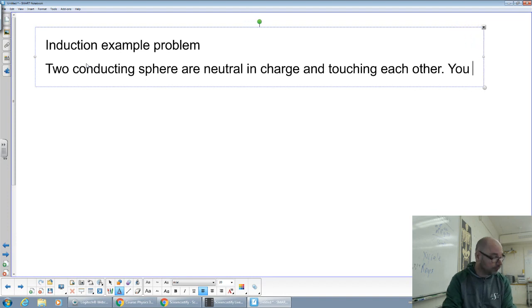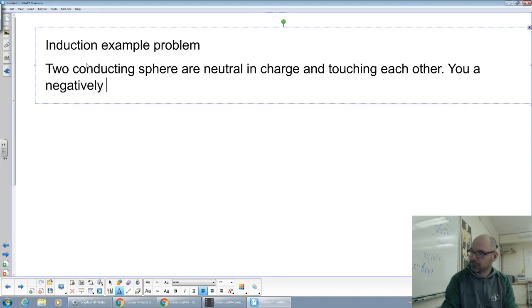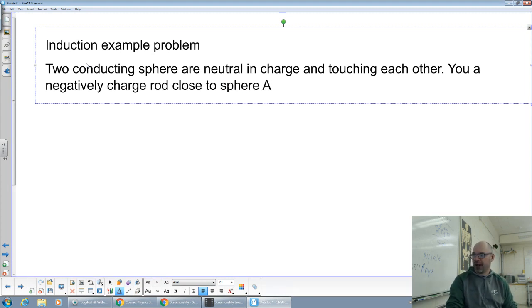You bring, let's say, a negatively charged rod close to the first sphere. Let's call it sphere 1. A, we'll call it A. Close to sphere A.